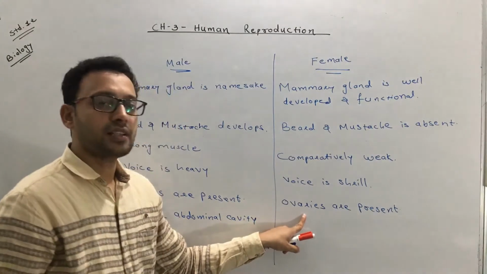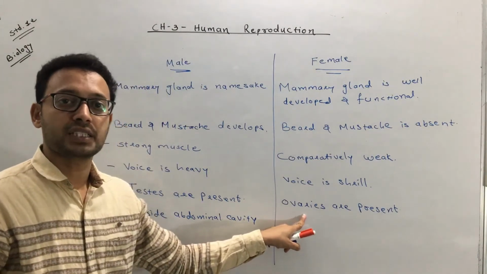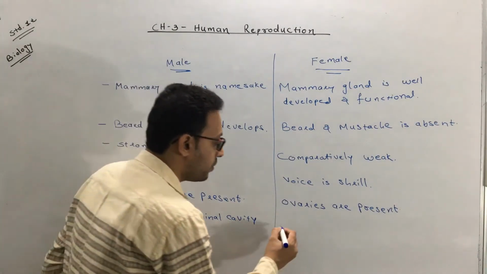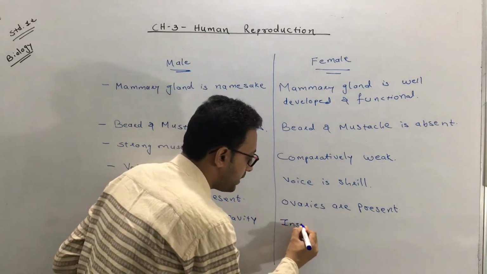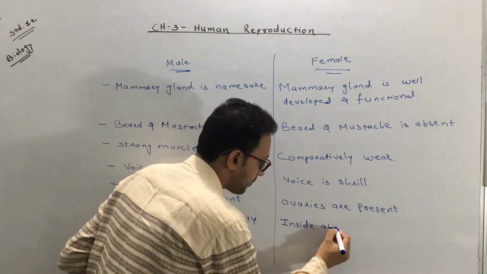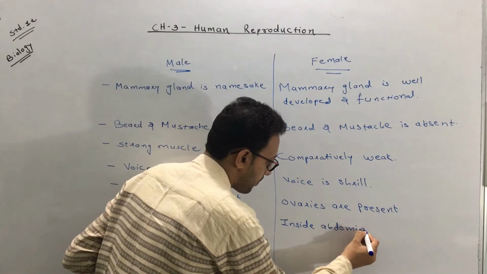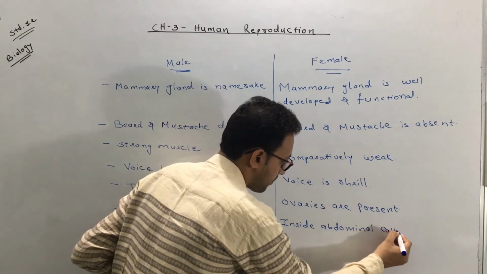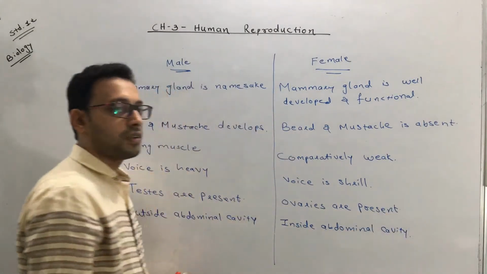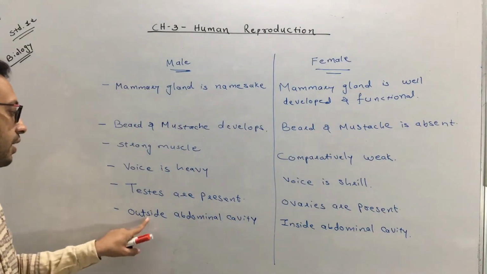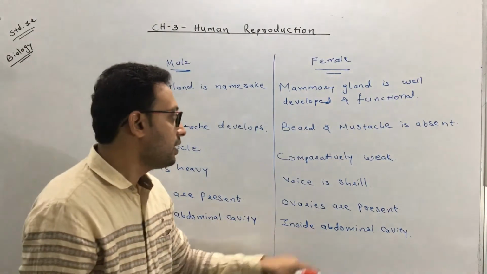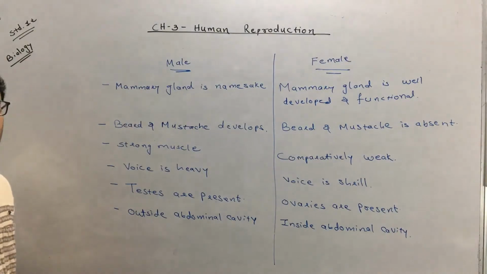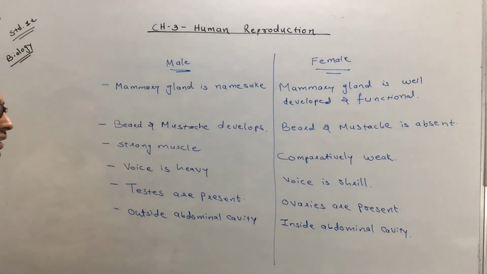Here also you know that the ovaries are present in female as a gonad, but where are they present? The ovaries are present inside the abdominal cavity. So this is a difference. In the male they are present outside the abdominal cavity, and in the female, the ovaries are present inside the abdominal cavity.